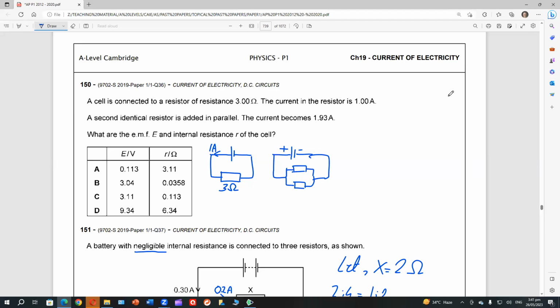Now the same concept comes here. If it is 1 ampere, it will reach here, and because the two resistors are of the same size, it will be 0.5 ampere and 0.5 ampere. Will it be half of 1.93, because it says the current increases? Sorry, it becomes 1.93. I didn't see that. You're right.